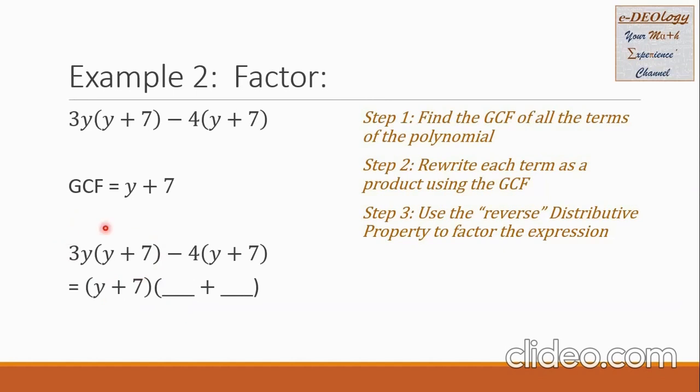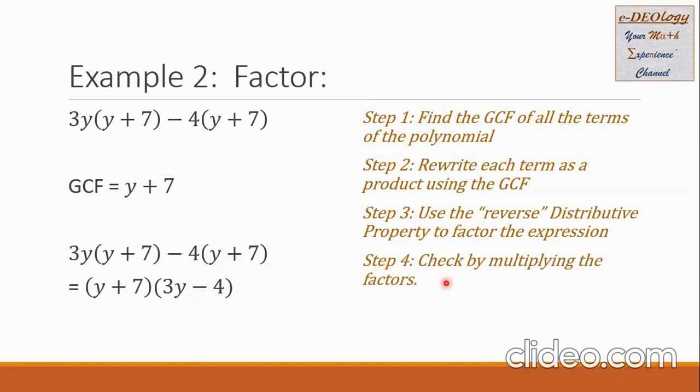So looking at this first group, I can see here that 3y will remain after I remove the GCF. So I will write the 3y. And then plus. For the second blank, I'm going to write here the remaining term after removing the GCF. So that is the negative 4. So negative 4 will come down here. So this is plus and minus. I will simplify this into negative 4.